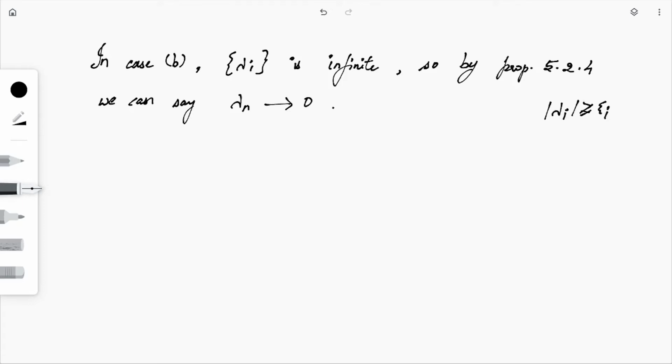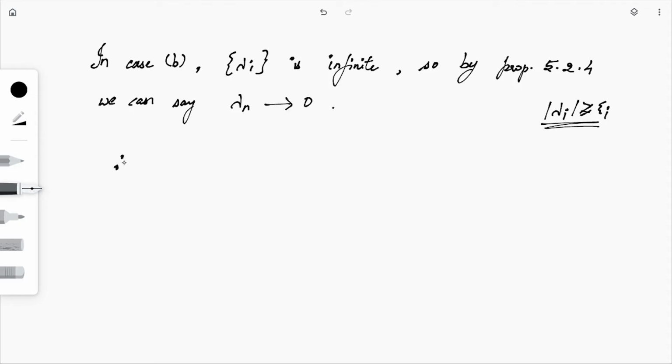So here, if you are considering the set to be infinite, then this will not be true, that is, this will be less than or equal to epsilon. So we can say that the sequence tends to 0. That is how we are using proposition 5.2.4 here.